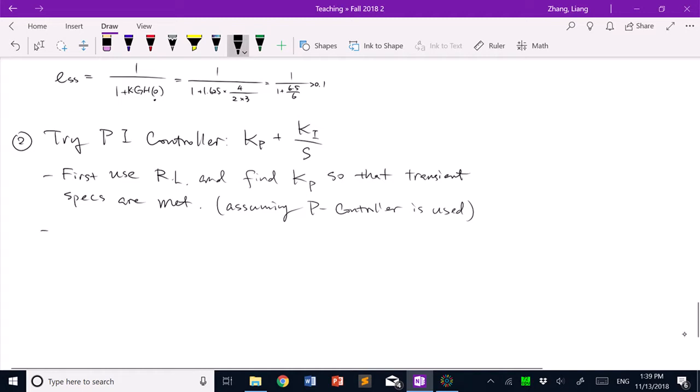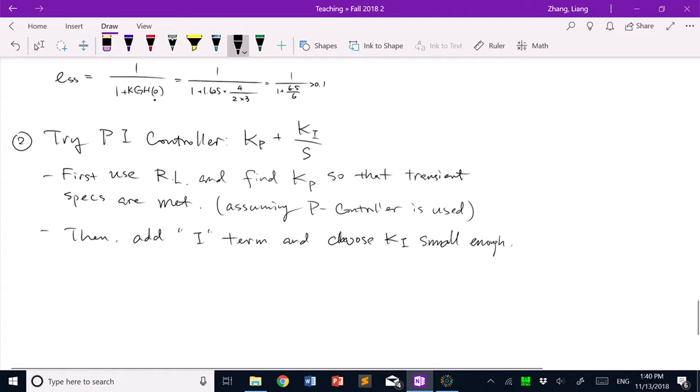And the second step is, after we find this P, the gain P, add an integral term, and choose this Ki, usually small enough, because as soon as you add this I term, your static tracking error to unit step input is going to be 0.